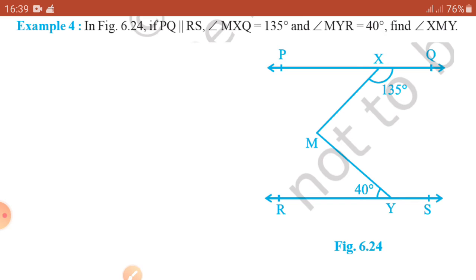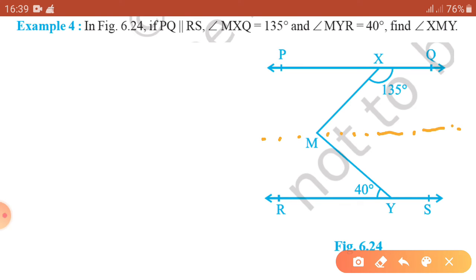To find the value of this angle, we need to draw a line AB parallel to PQ through point M, like this.